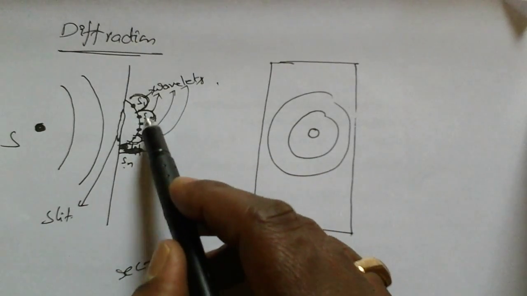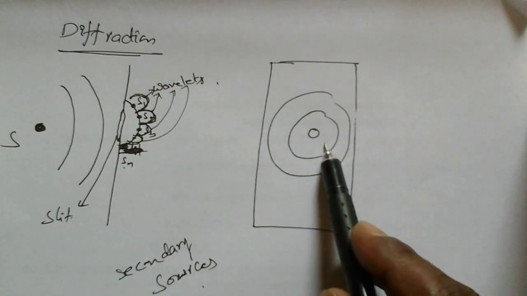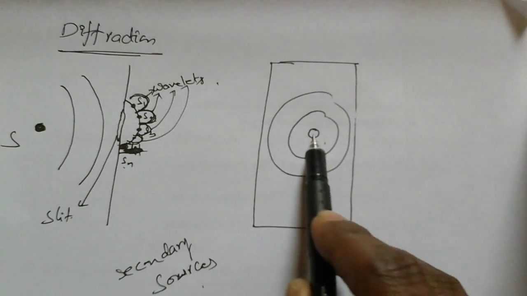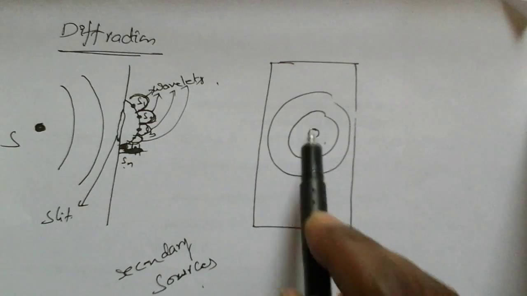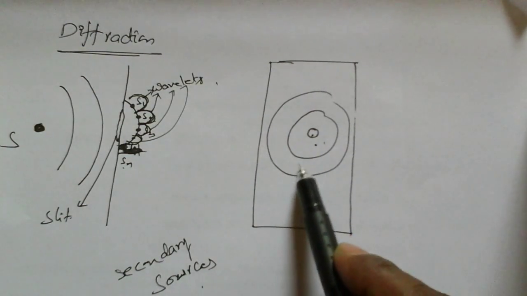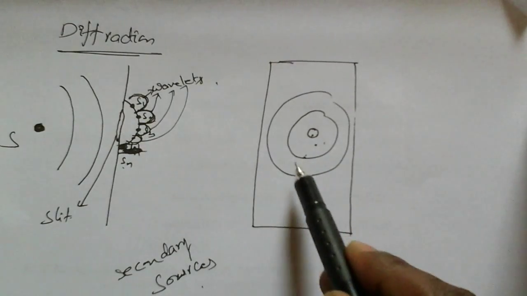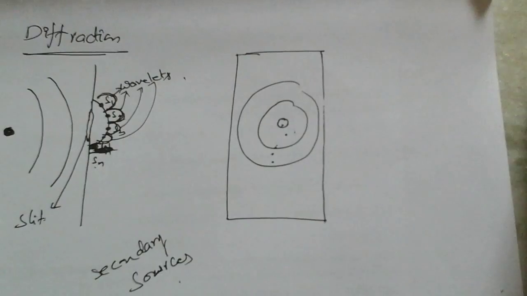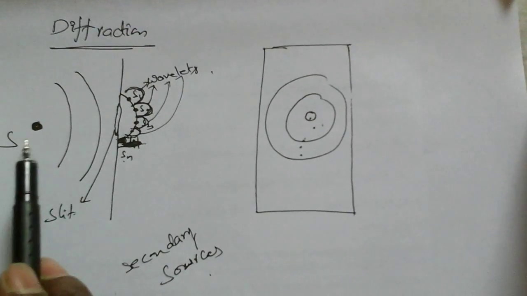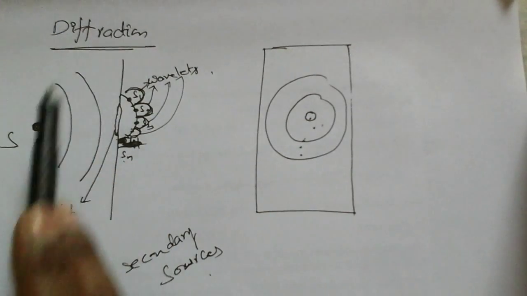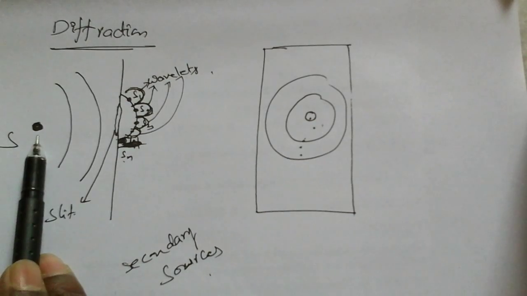These wavelets superimpose and form a diffraction pattern here. In the diffraction pattern, the center is bright, next dark, next bright, next dark, next bright, next dark. Another most important point is that only one source is used here. In diffraction we use only one source.